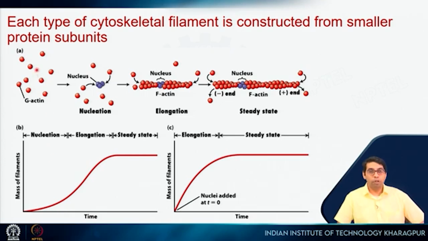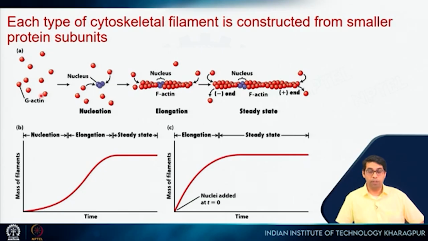So the formation of the polymer is shown here. Again, this is very different from what we have seen in case of protein or DNA or RNA, where polymers are constructed in a particular sequence. You have 20 different monomers in protein, 4 different monomers in case of nucleic acid. But in this case, all the monomers are G-actin.